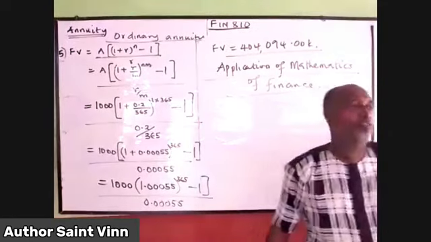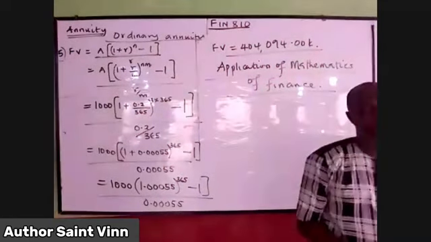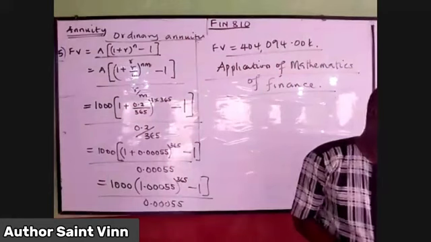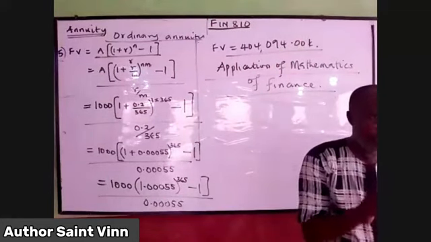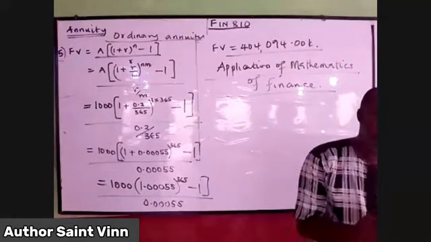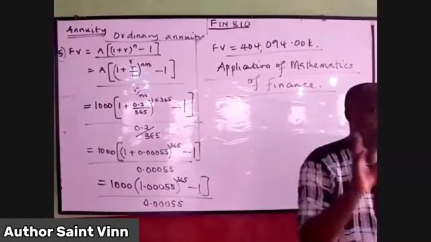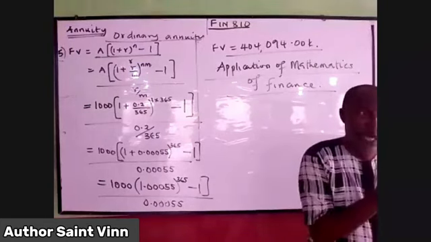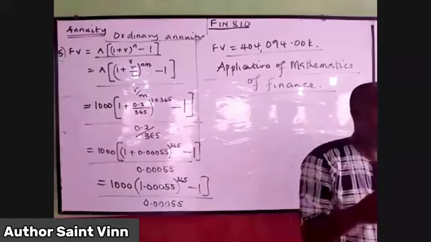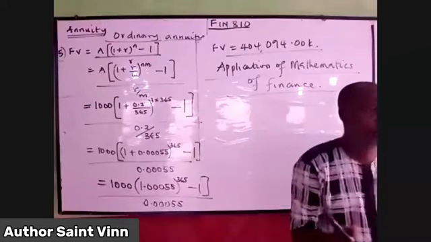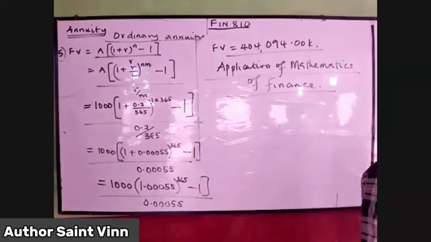So we'll talk about future value of ordinary annuity. Those are the two formulae that will work for us for loan amortization and sinking fund. And that will be the last thing about mathematics of finance tonight. When we come some other time, we'll look at that.